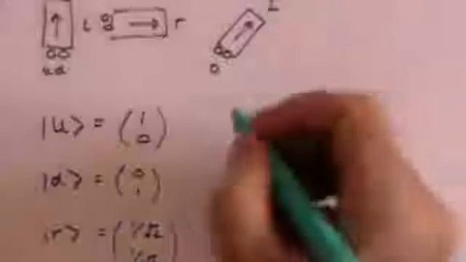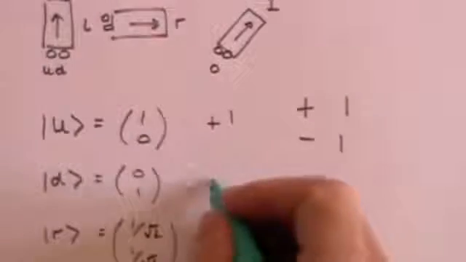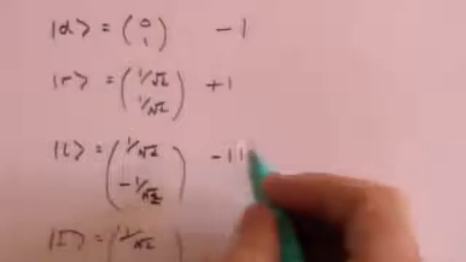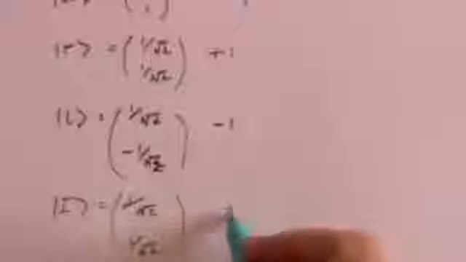And those were the 6 values. The eigenvalue for up was +1, the eigenvalue for down was -1, eigenvalue for right was +1, eigenvalue for left was -1, eigenvalue for in was +1, eigenvalue for out was -1.